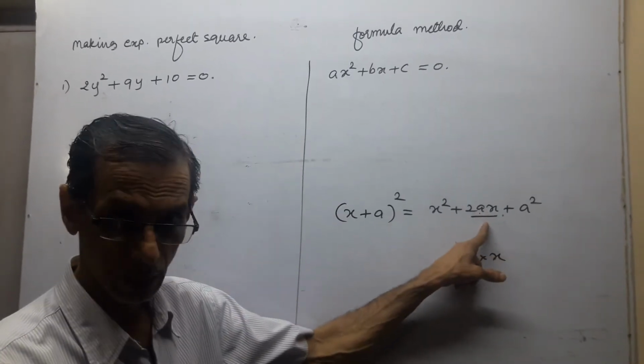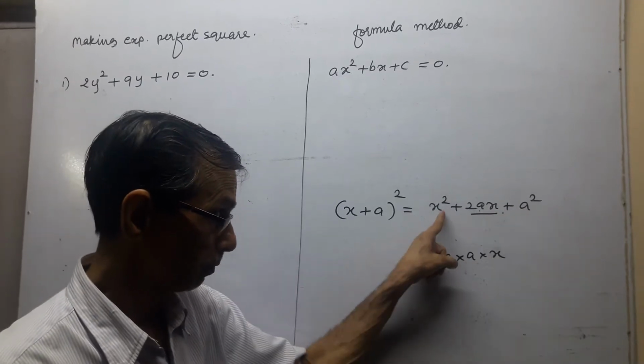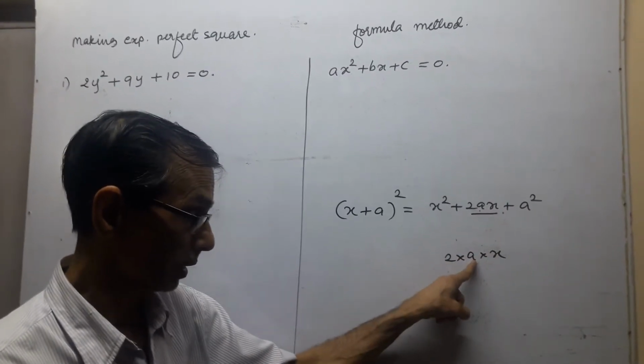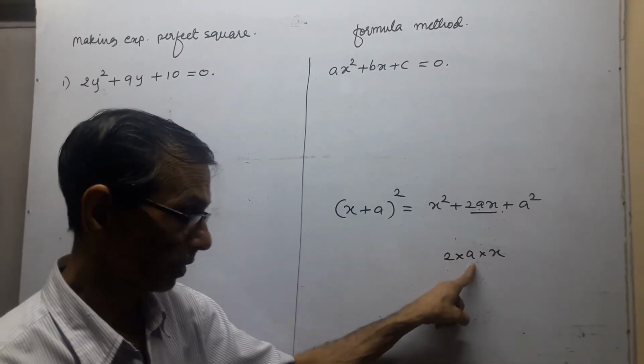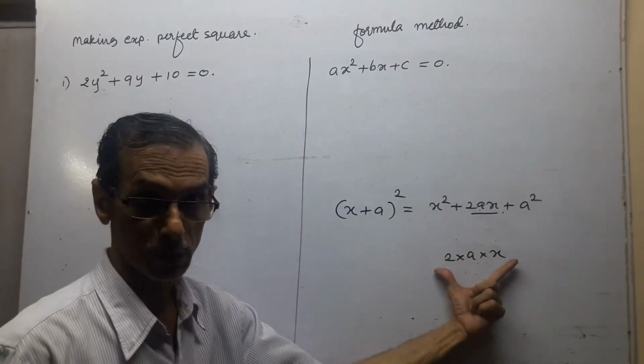So the middle term is 2, a constant, times the root of the first term and the root of the third term. In this way you get the expression as a perfect square.